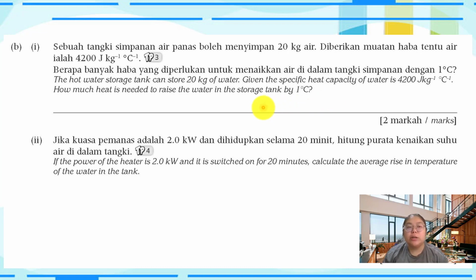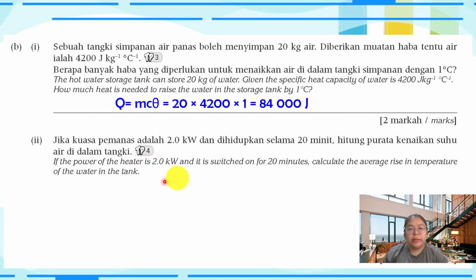The formula is Q equals mcΔθ. So Q equals m, 20 kilograms, c is 4,200, and the increase is 1 degree Celsius. So 20 times 4,200 times 1, and the answer is 84,000 joules.